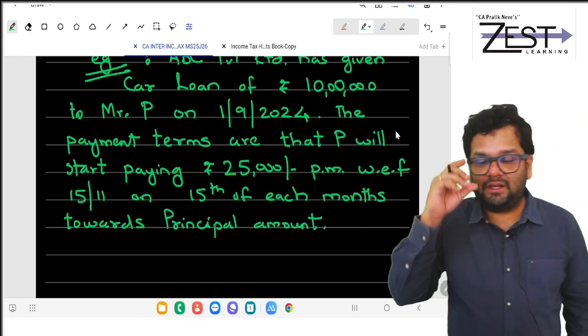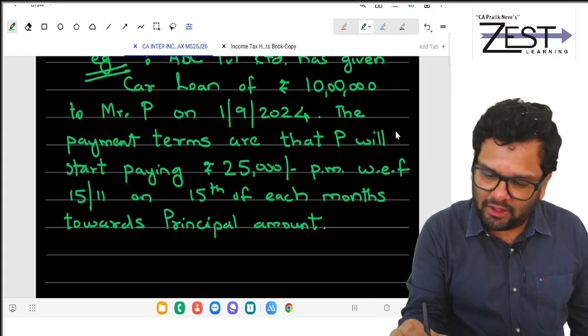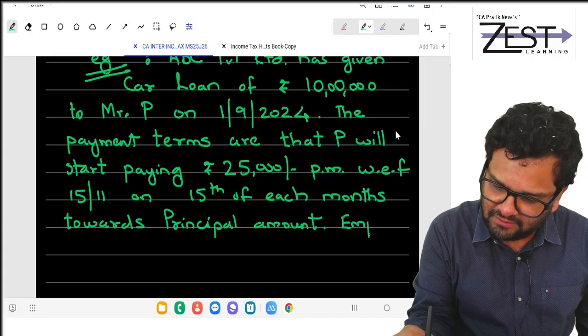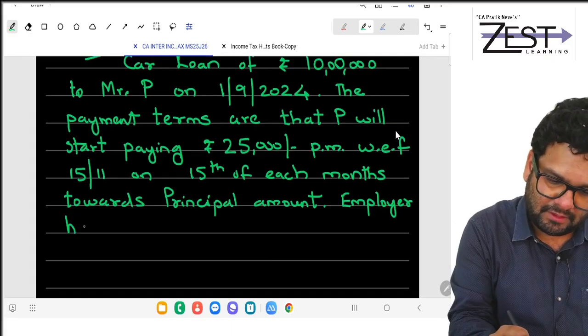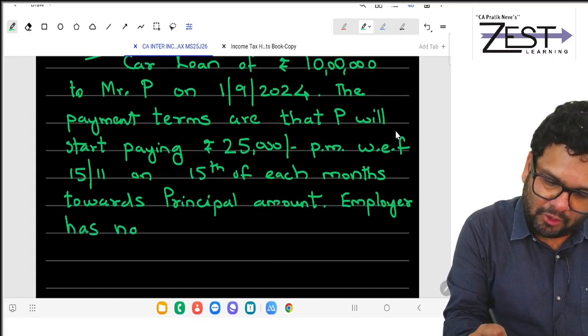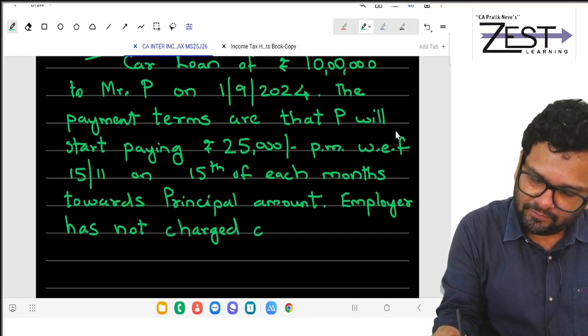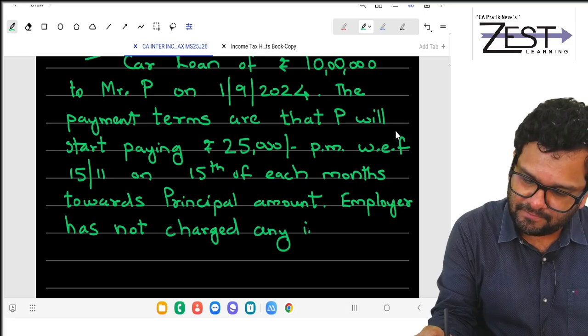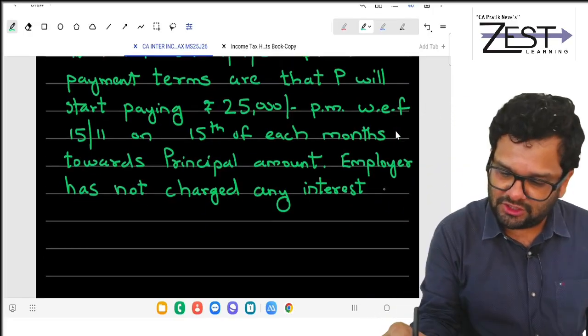The employer has not charged any interest on such loan.